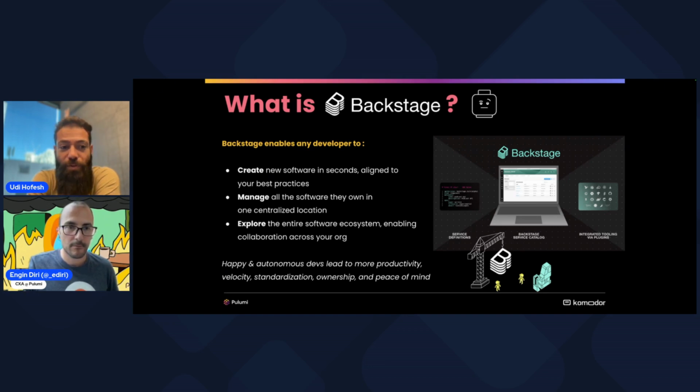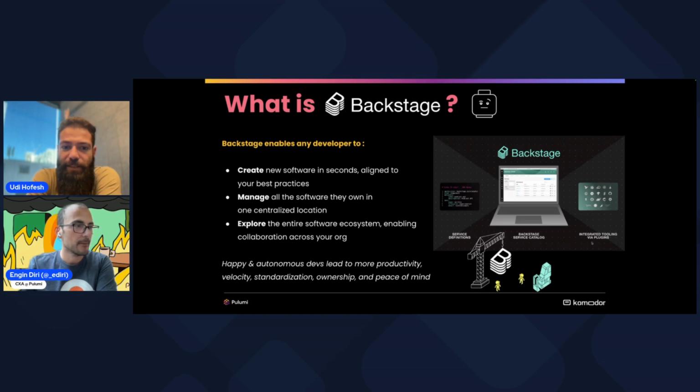And the goal of all of this is to make developers not just happy, but also autonomous, providing them with self-serve, and that in turn translates to faster development cycles, less employee churn, better user experience, ownership, and most importantly, peace of mind for the operators of the ops teams.